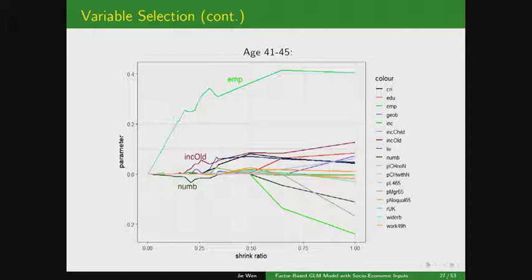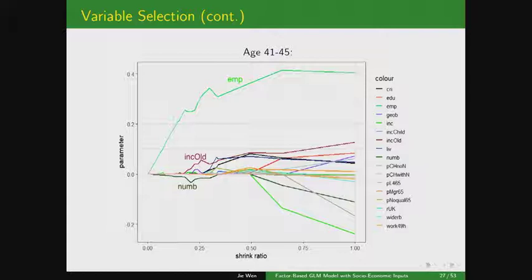As we increase lambda from right to left, we can see all of them start to be squeezed towards 0, and some of them are reduced to 0 later than others. Those variables with coefficients reduced to 0 at the slowest speed are suggested to be the most important ones.